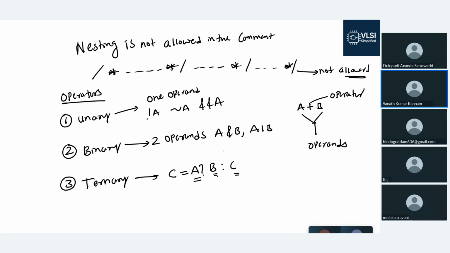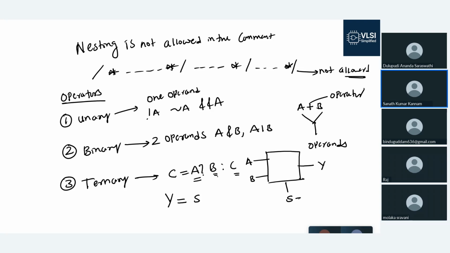Ternary operators we can use in the 2x1 mux. In a 2x1 mux, how many inputs are there? Two inputs, one output and one selection. Based on this we can write y equal to s.